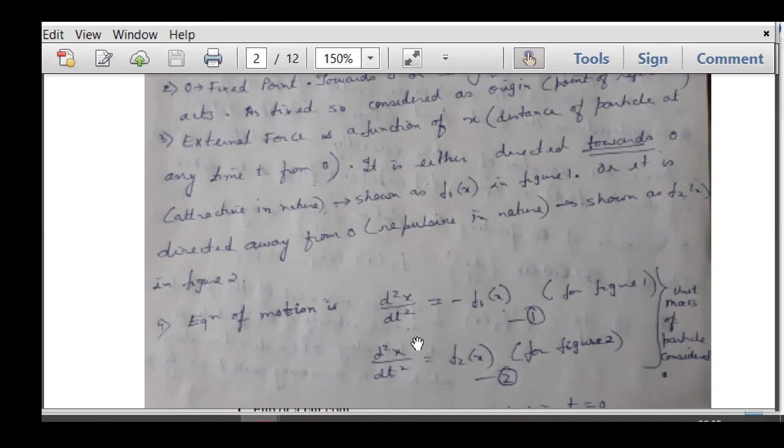Now just look here, equation 1. What are we doing here? You have put a minus. Why have we suddenly put a minus, whereas in equation 2 there is no minus, that means plus we have taken. So there is a change in sign. Why is this change in sign coming? That means between the left hand side and the right hand side there is either a match or a mismatch of direction.